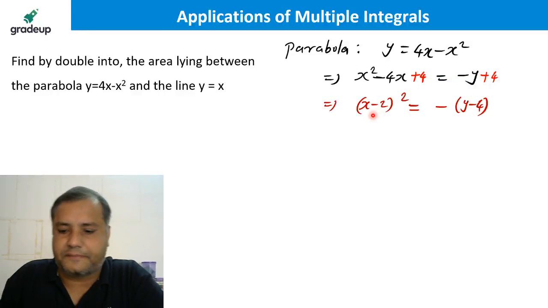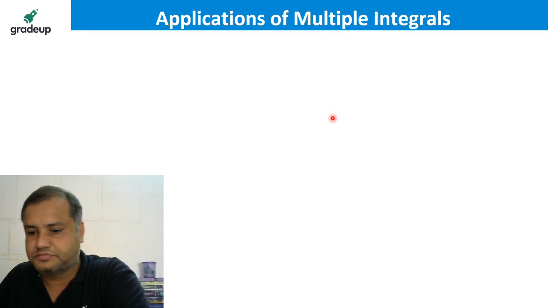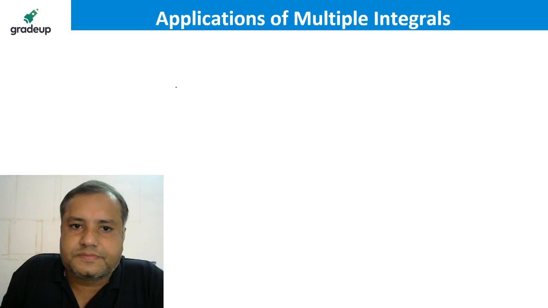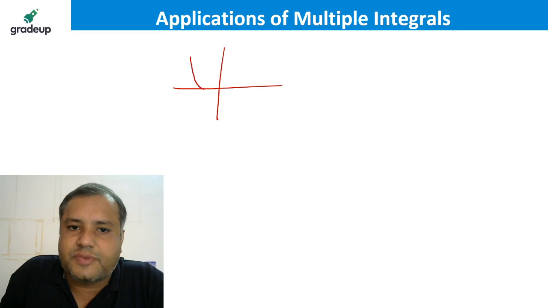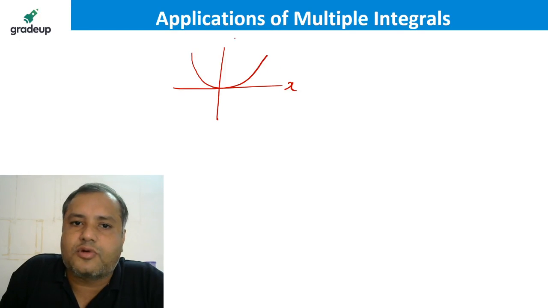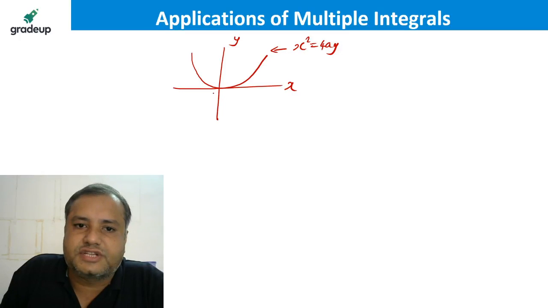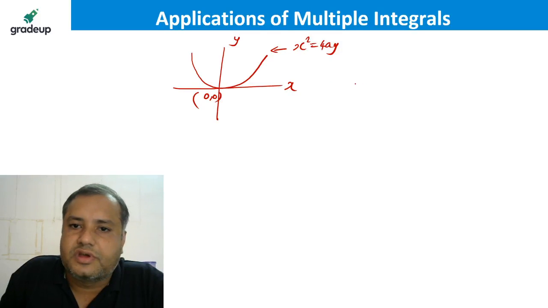Look, suppose you are having this parabola. This is symmetrical about the y-axis. So this parabola is x square equal to 4ay. Its vertex is at the origin.